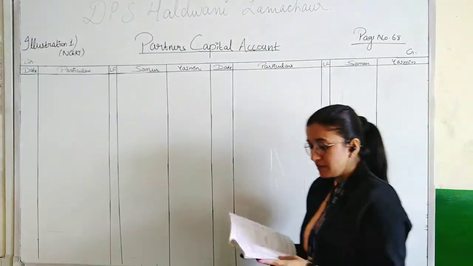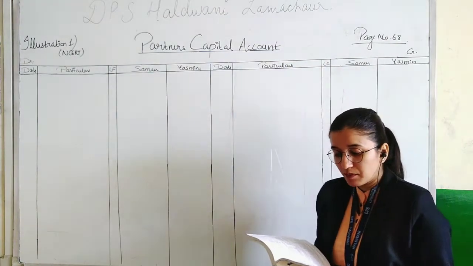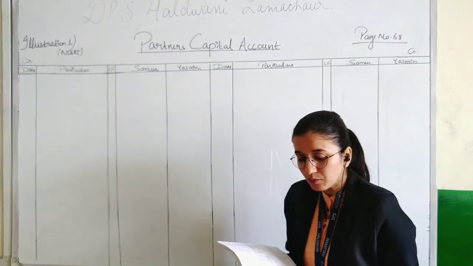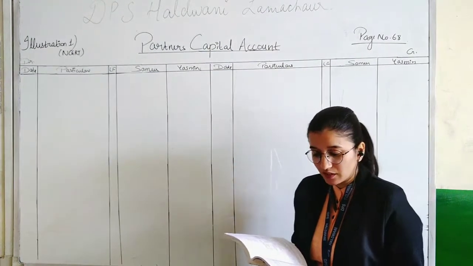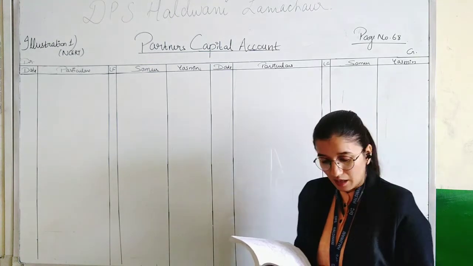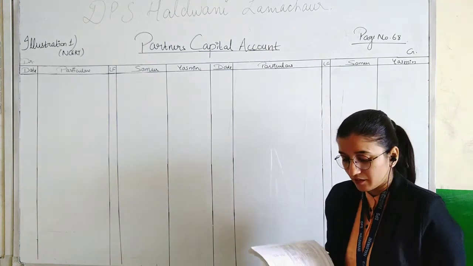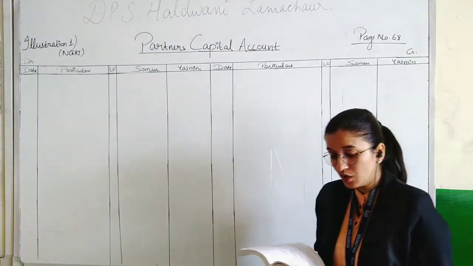Now the question is, Sameer and Yasmin are partners with capitals of rupees 15 lakh and rupees 10 lakh respectively. That means Sameer has brought in capital amounting to 15 lakh and Yasmin has brought in capital amounting to 10 lakh. Now they agree to share the profits in the ratio 3:2.